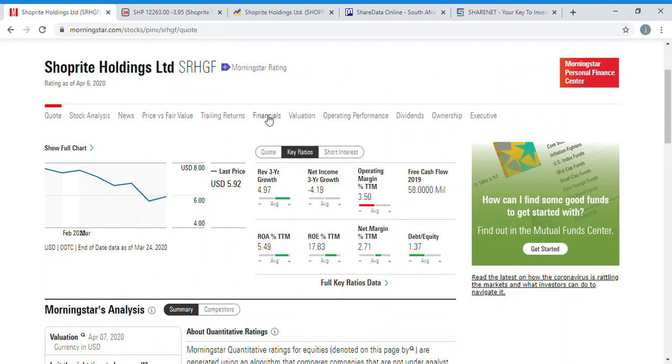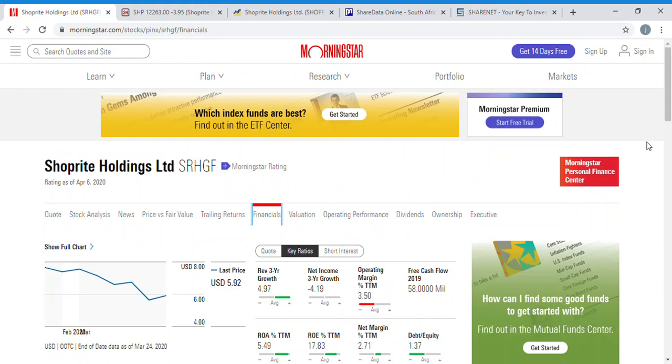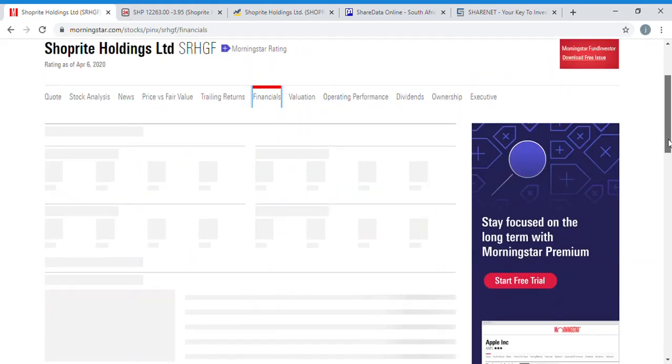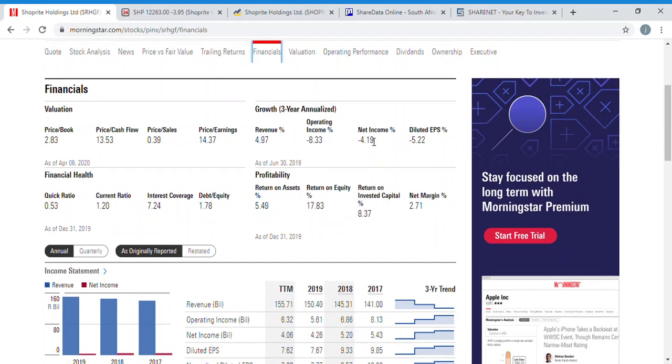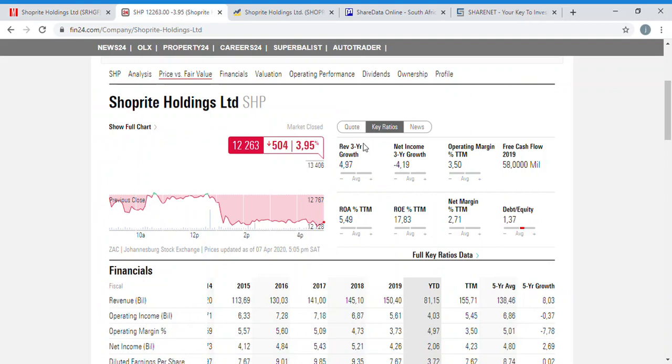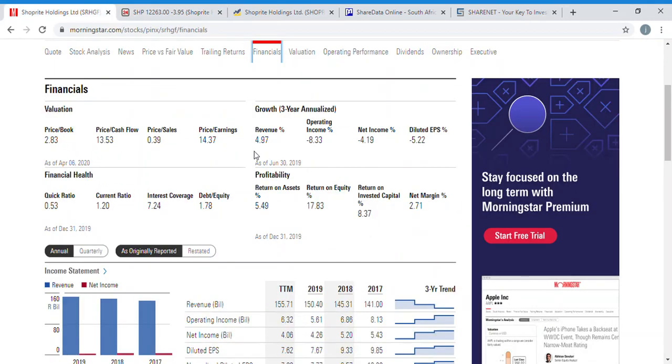Then you go to financials. So when you go to financials, you kind of come to the 3-year annualized growth rates. So remember on your Finance 24, you can come here on key ratios. That's what financial data gives you on Morningstar. So you get 3 years annualized.